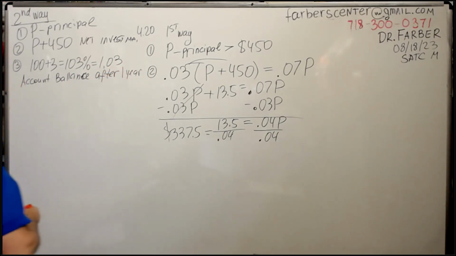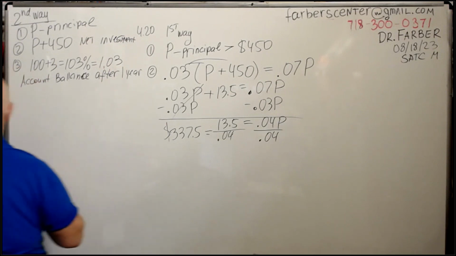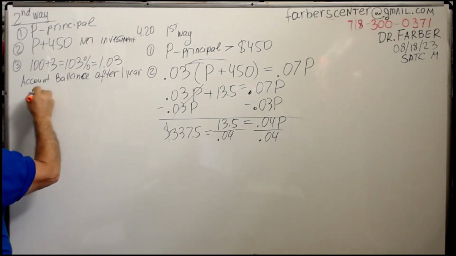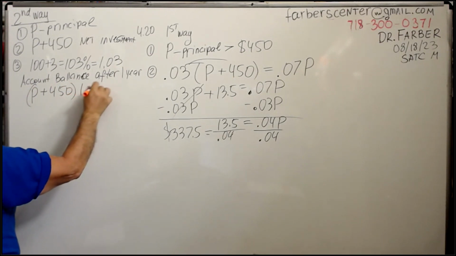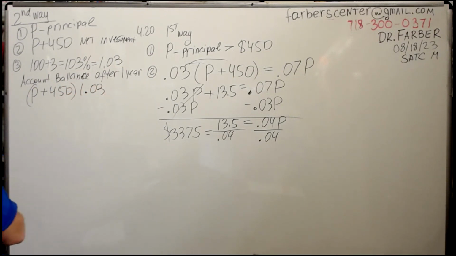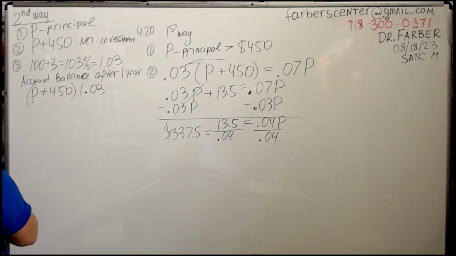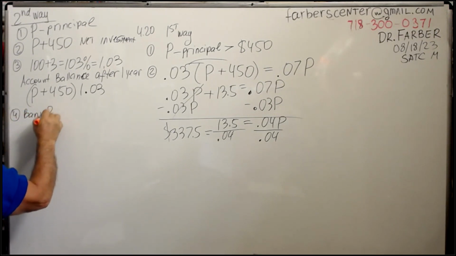Well, you take this net investment and multiply it: P plus 450 times 1.03. Okay. And bank 2, after 1 year.